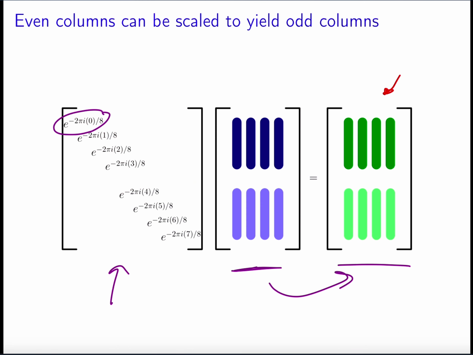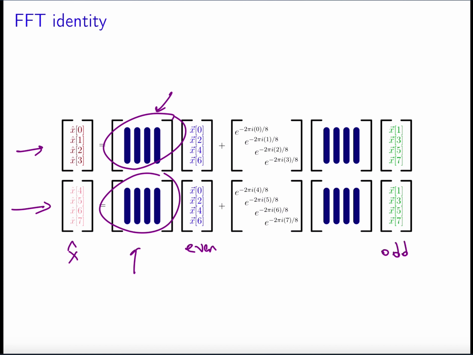So this means that when we look again at how we're computing the DFT coefficient from the entries of x, these are the even entries of x, and these are the odd entries of x.